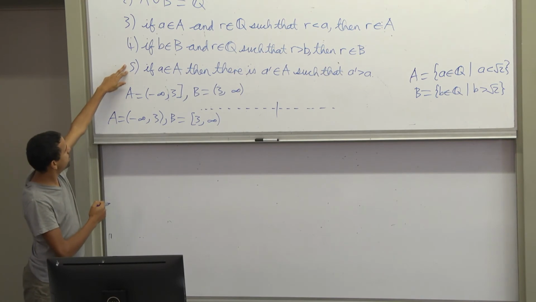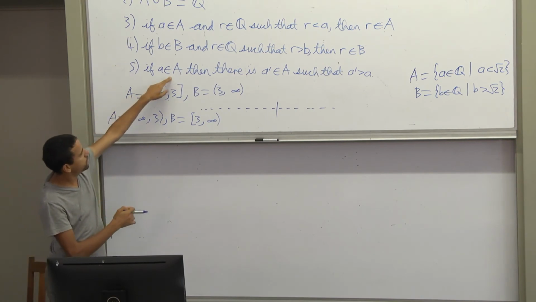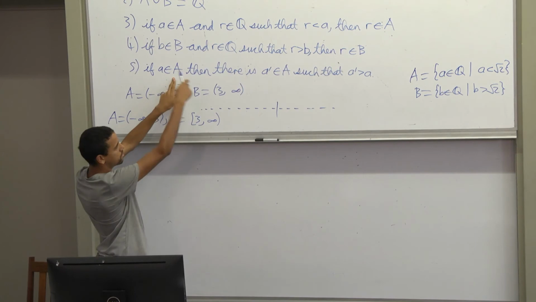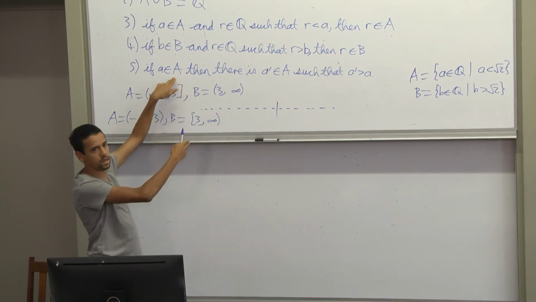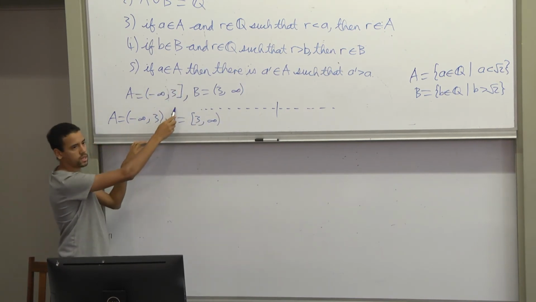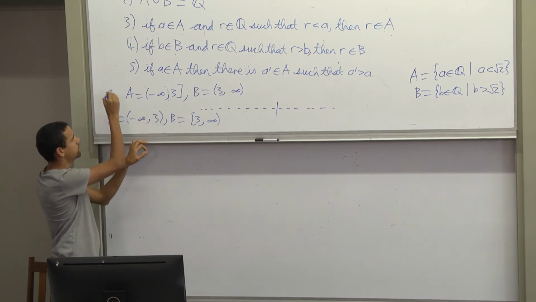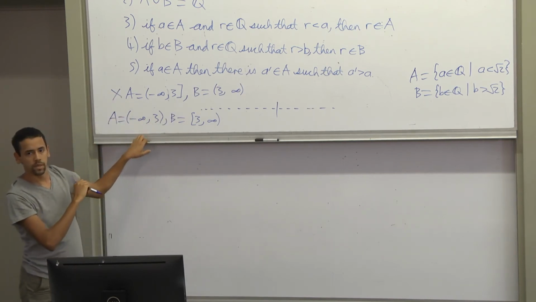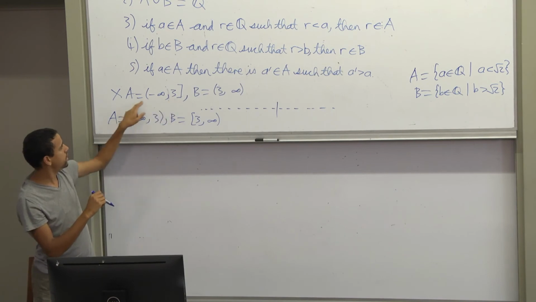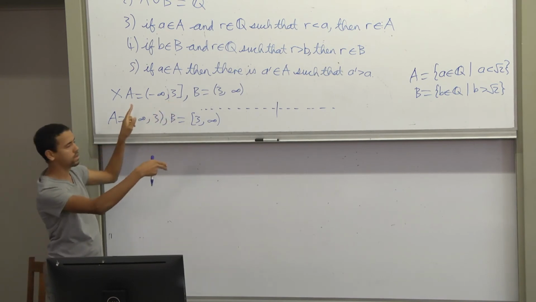And the way we've defined it here, whenever there's something in A, there has to be something greater than it that's also in A. So the first one would not be a Dedekind cut, because the number 3 is in A, but there isn't anything greater than 3 that's also in A.